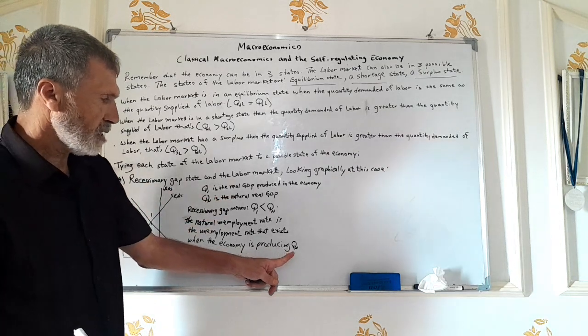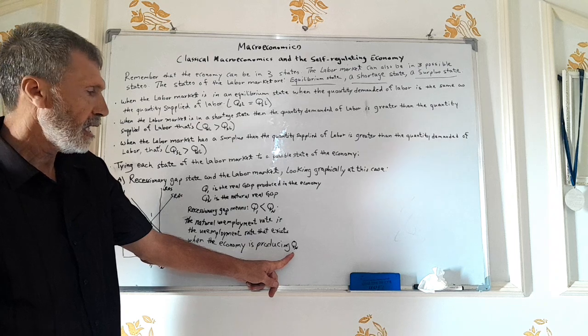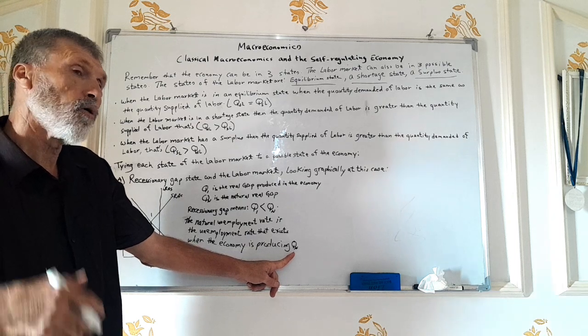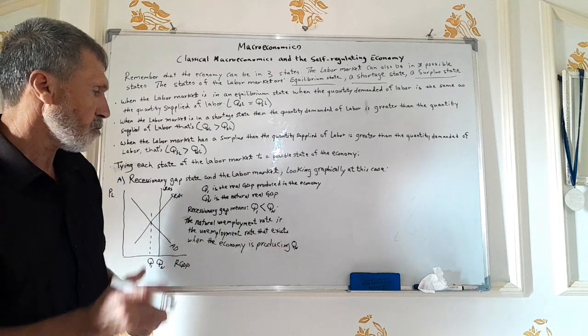So the unemployment rate that exists when the economy is producing the natural GDP, or the potential real GDP, is called the natural unemployment rate.